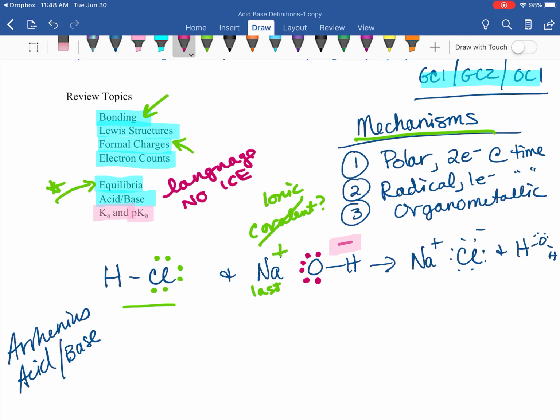So then we've got to take a look at that HCl. If we add a polar arrow, we're going to notice that our chlorine is more electronegative than hydrogen, meaning that the electrons in this bond are really around chlorine more of the time. So that leaves a partial positive charge on that hydrogen.